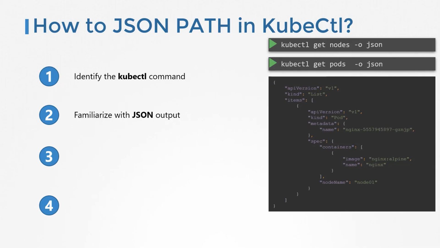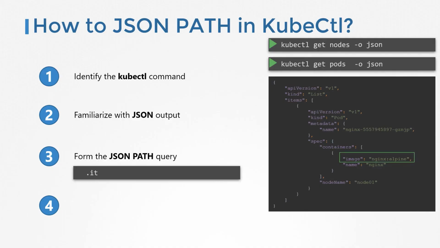This is the same format of documents you worked with during the JSON practice test on Kubernetes objects that I mentioned in the beginning of this video. The next step is to look through the structure of the JSON document and form the JSON path query that will retrieve the required information for you. For example, to get the image, you would use the query .items[0].spec.containers[0].image.